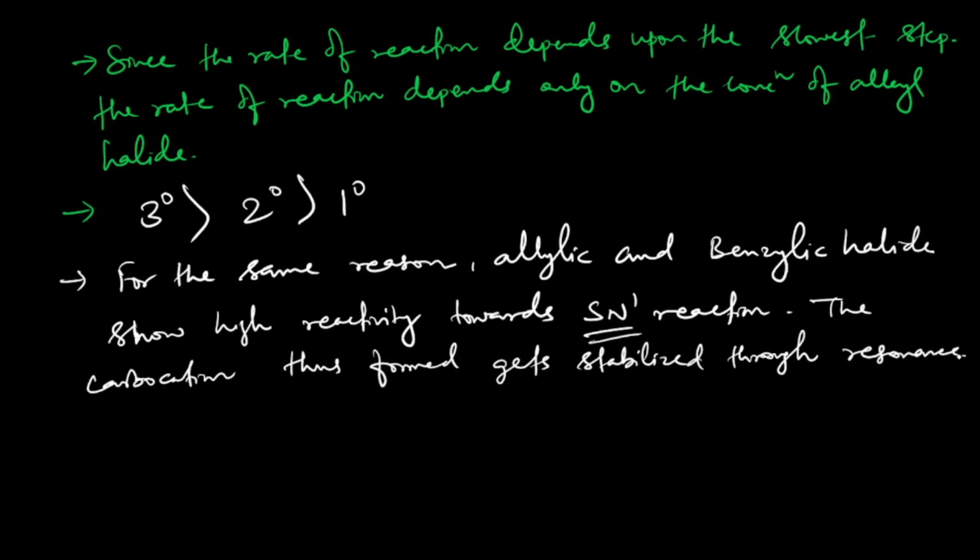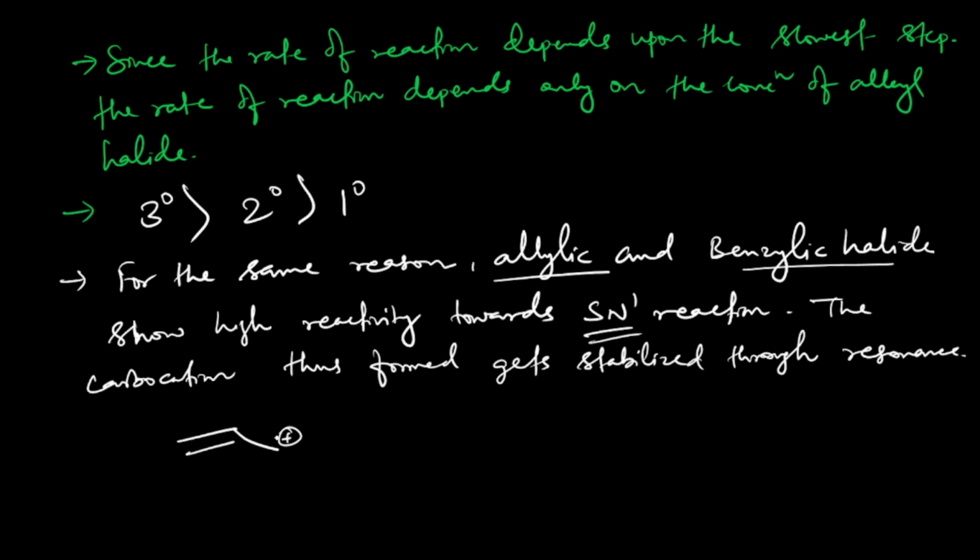This is the reason why it will always follow SN1. I'm talking about allylic and benzylic halides. So see, this is your allylic. Suppose here the carbocation is there. Suppose this is primary only. This is primary because two hydrogens are there and this carbon is attached with only one alpha carbon. So this one we know that it is primary.